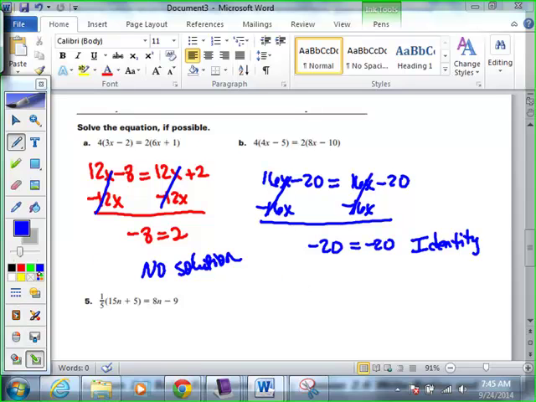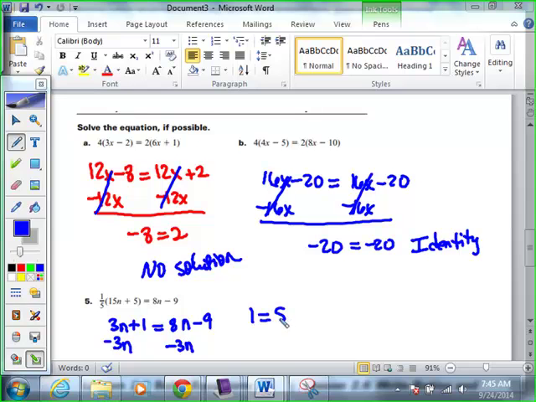Let's try one more. I'm going to distribute the 1/5 because I know that 15 and 5 are both divisible by 5. So 1/5 of 15n is 3n. 1/5 of 5 is 1. This time I'm just going to be different. I'll subtract the 3n from both sides just to show you it doesn't matter.